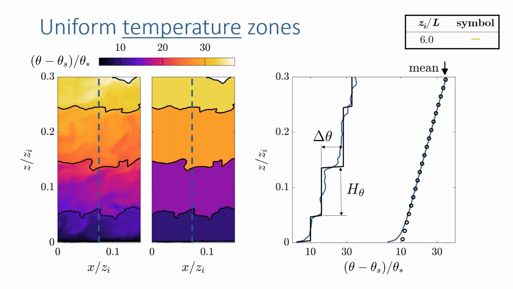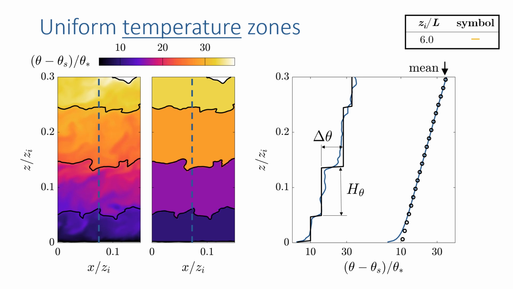We applied the same methodology to detect uniform temperature zones, where the instantaneous turbulent temperature field is shown on the left, and we approximated each of the well-mixed zones using a constant temperature, and that yields this stair-step shaped temperature profile that can be described in terms of the apparent jump in temperature, delta theta, and the vertical thickness h, which we can relate in the same way as the velocity to the mean temperature profile that you get on the right hand side.